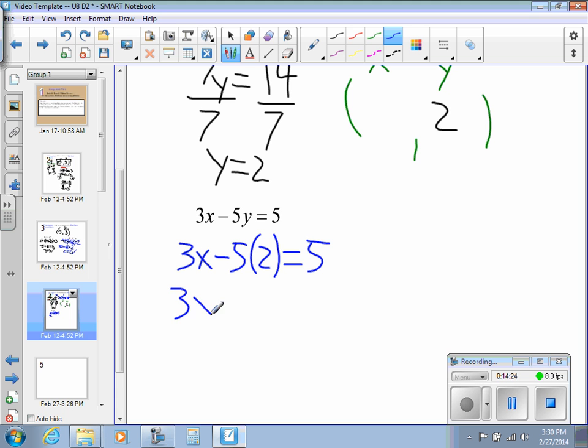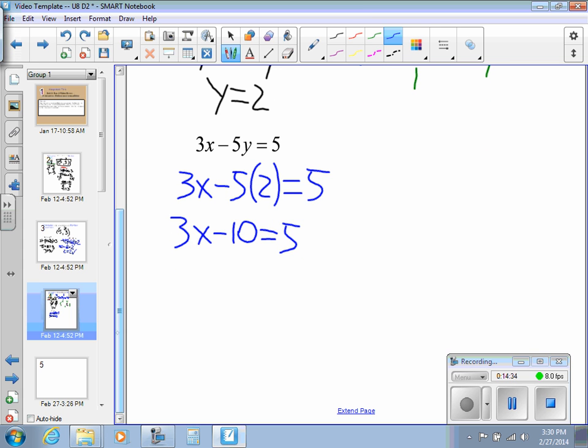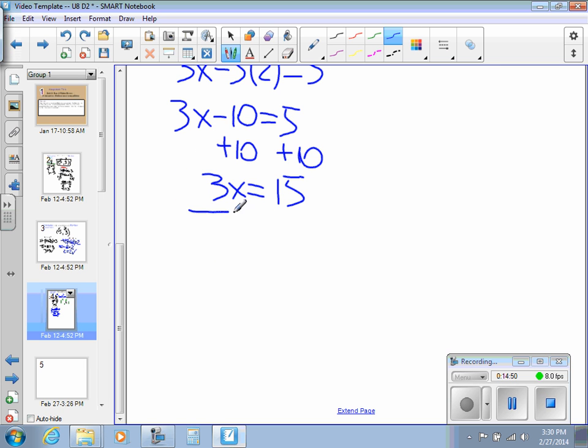We have 3x minus 10 equals 5. We'll add 10 to both sides, giving me 3x equals 15. Divide both sides by 3, and we have x equals 5.